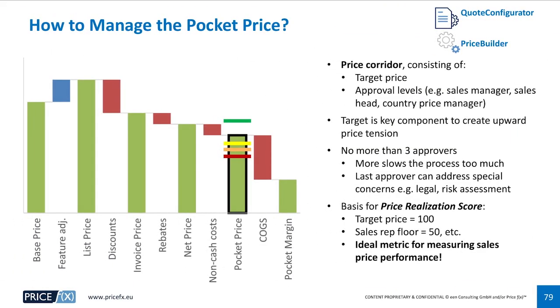Easier. The other nice thing about this is you can do price realization scores in here. And I'm also a big fan of price realization scores, because then you can judge someone on where did they fit? Where was the price for this deal between the target and the floor? So you give them 100 here, 50 here, whatever, 25, 0, or 10 or something. Pick a number. And then you can look at the basket of a deal and give the deal a score that is a bit independent of what was sold, right?